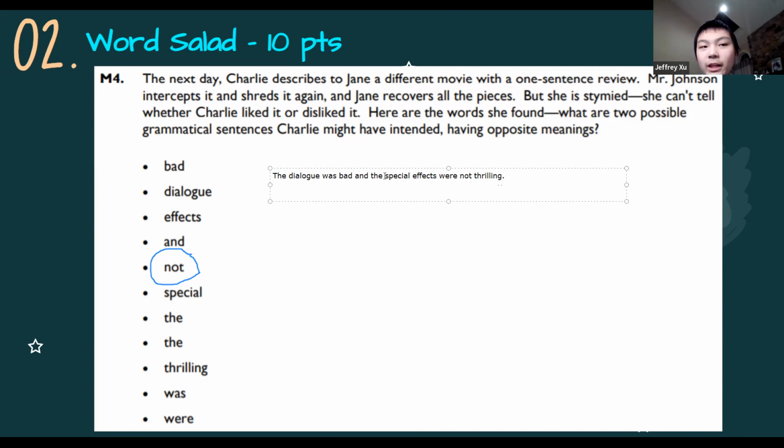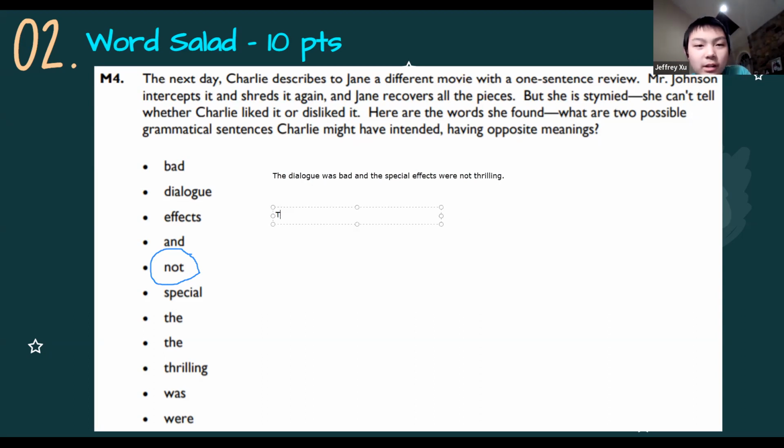And if we wanted to make it so he did like it, then all we have to do is move this word "not," so that if we take it out of here, then the special effects are thrilling, that becomes positive. And if we put it in front of the word "bad," then this negative one will also become positive.